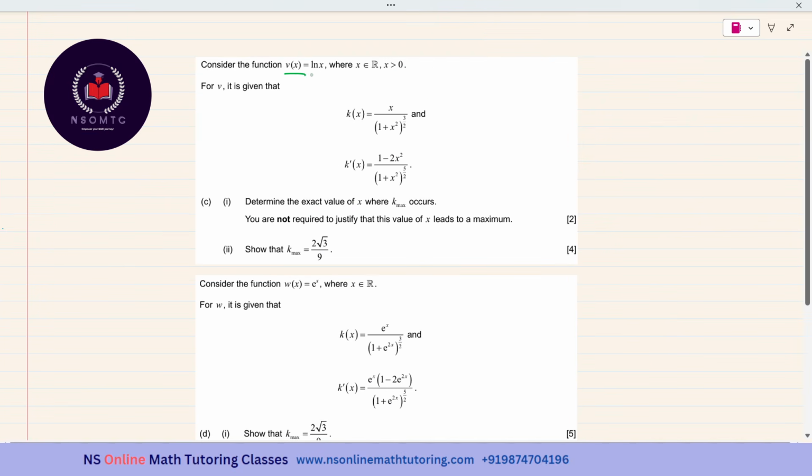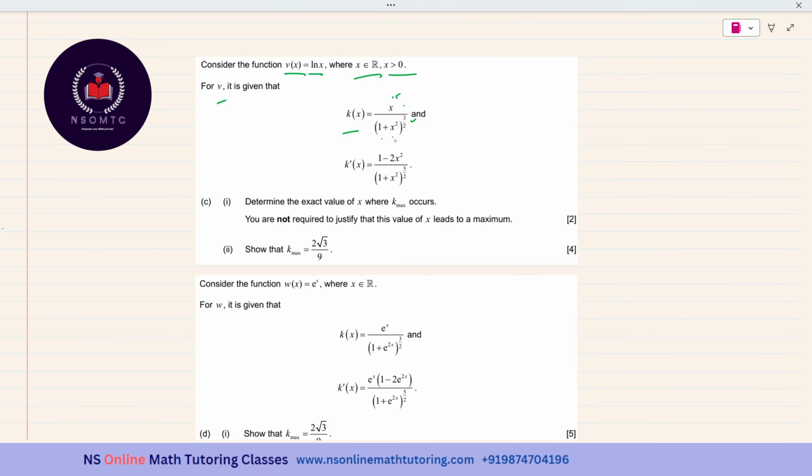Consider the function v of x equal to ln of x, where x is a real number, x is greater than 0. For v, it is given that k of x equal to x over 1 plus x squared raised to the power of 3 over 2. It is following exactly the expression that is given for k of x. The general expression has the numerator as the absolute value of the second derivative, divided by 1 plus the first derivative whole square, and this raised to the power of 3 over 2.